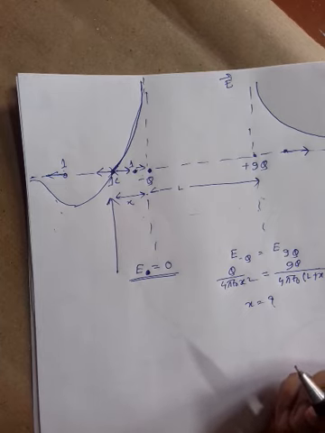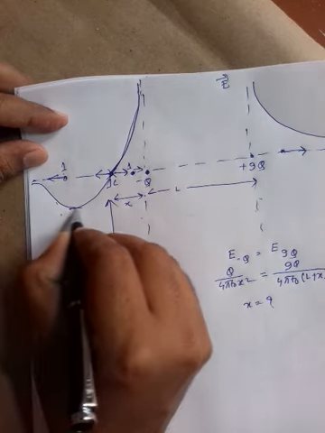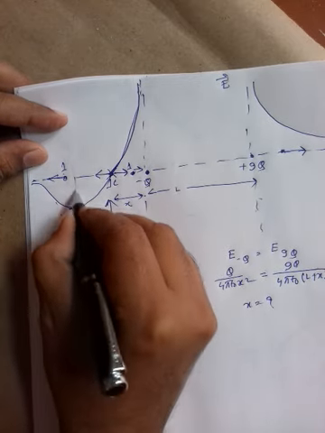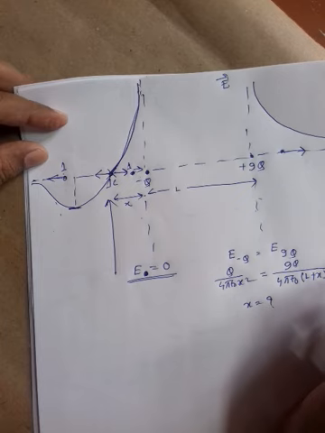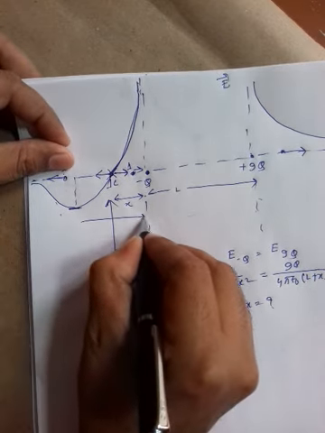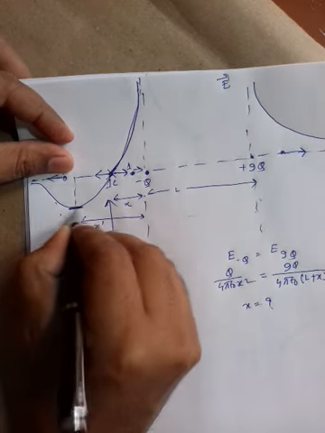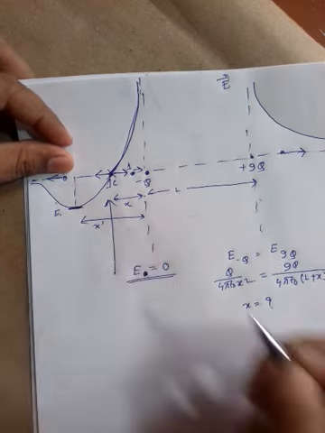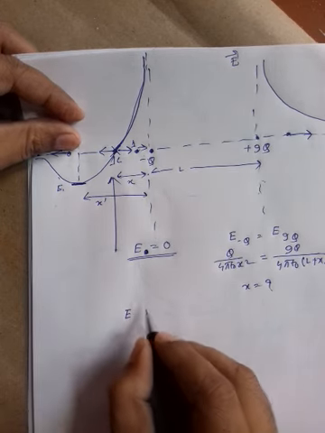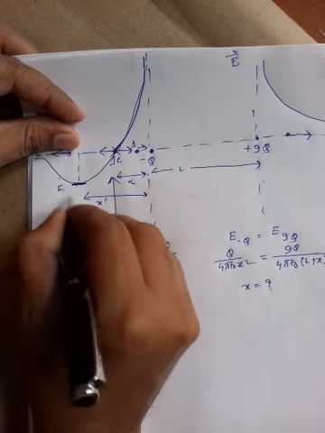Clear? At the time of doing calculation, where to get this maximum field, maximum negative field actually, that can be measured. How? Simple idea: say this distance is not known, say x dash. Where to get this maximum field, I want to measure the field. Actually the value of the field maximum in the negative direction is drawn. So how to get it? I am writing the field at this point.